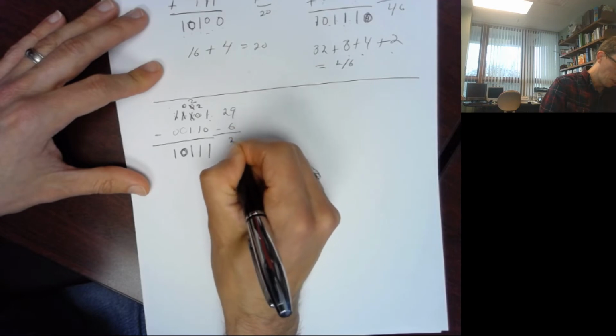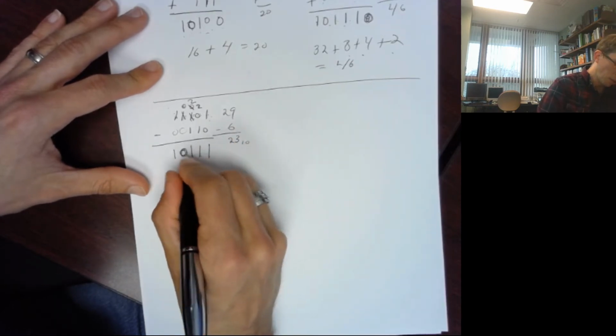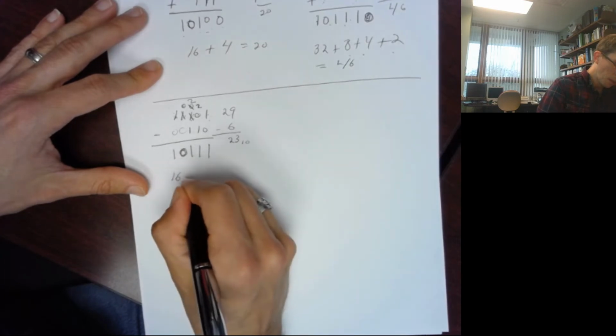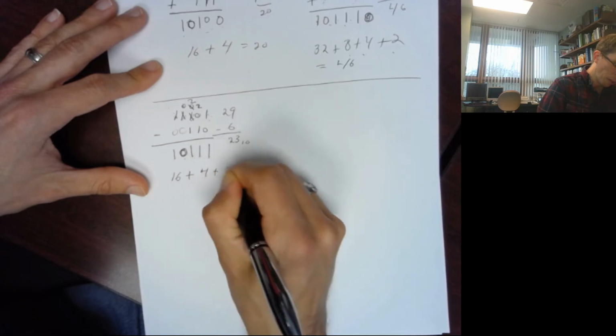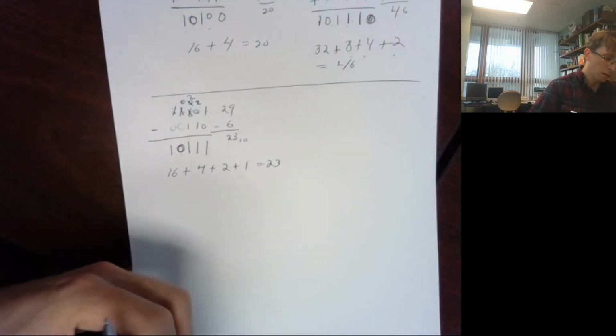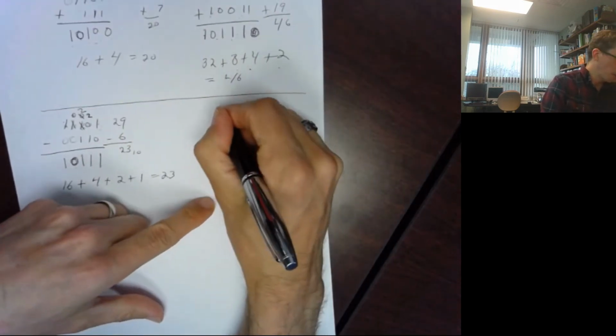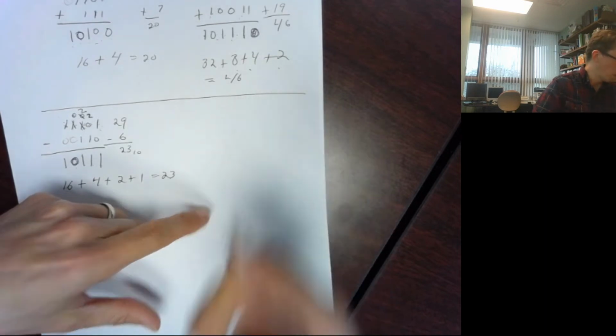So we should have a 23 in decimal. So let's see what we got. We got 0, 1, 2, 3, 4. 16, no 8. We got a 4, we got a 2, we got a 1, and it looks like 23 to me.